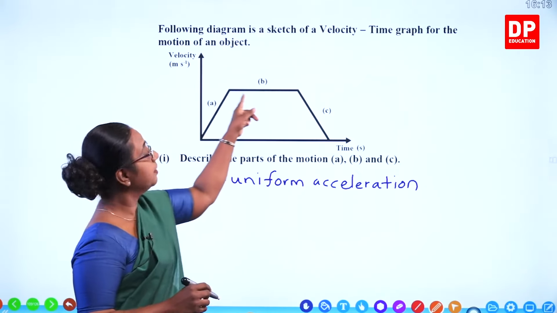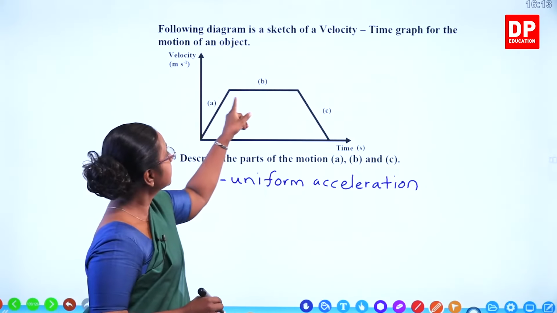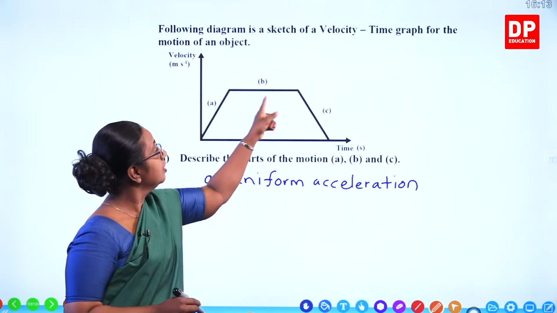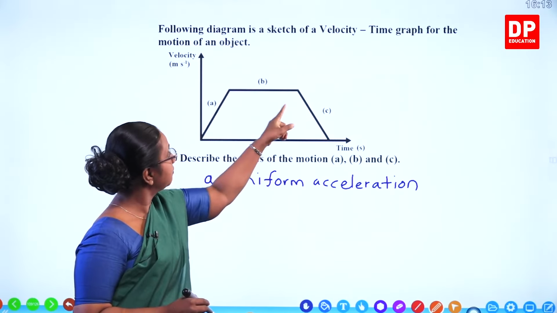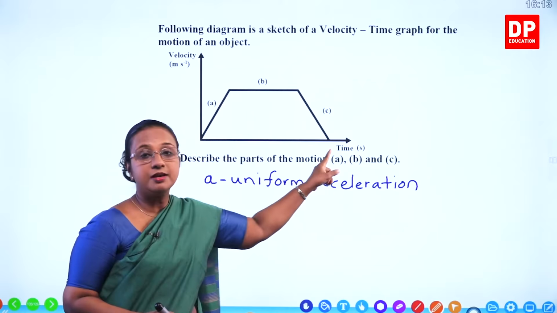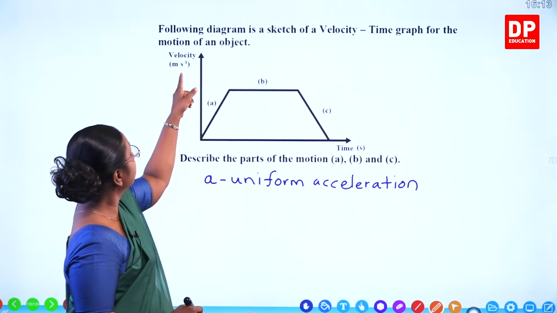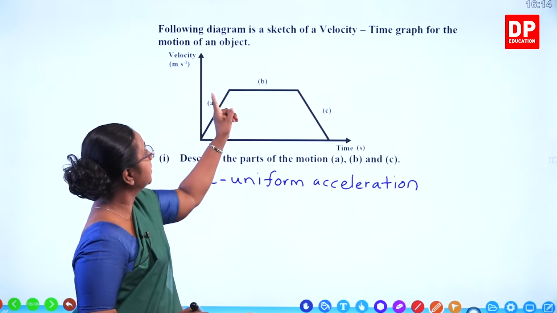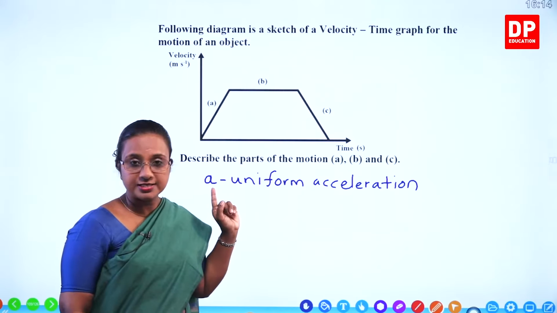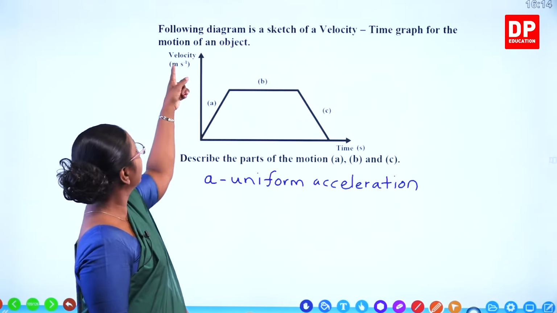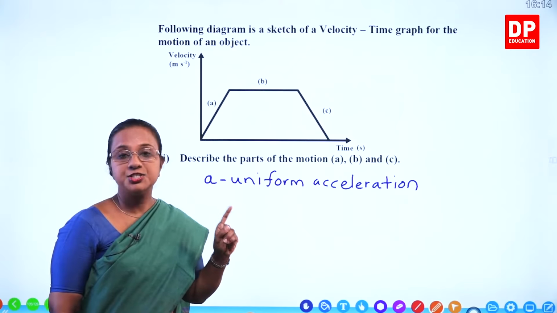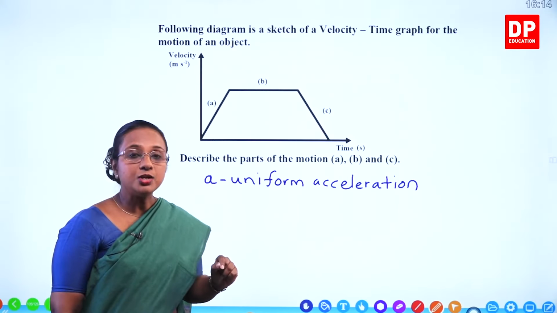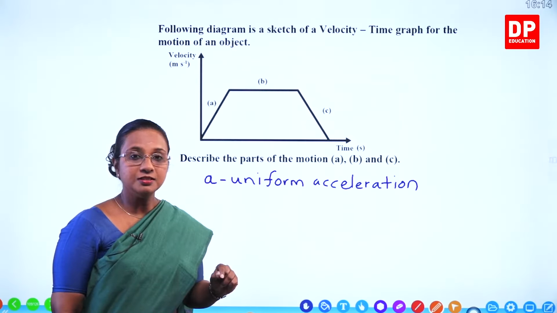Then we have B. This is a part where the motion, the graph, is parallel to the x-axis. So in a velocity-time diagram, if it is parallel to the x-axis, that means the velocity is not changing. Then what do we call that motion?